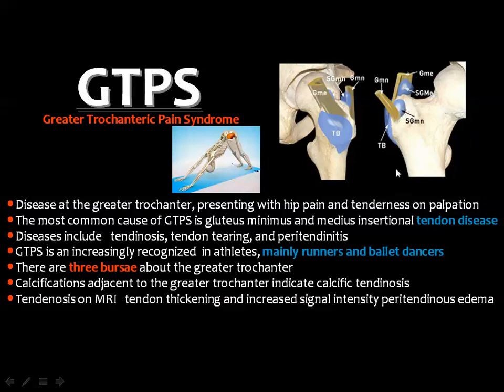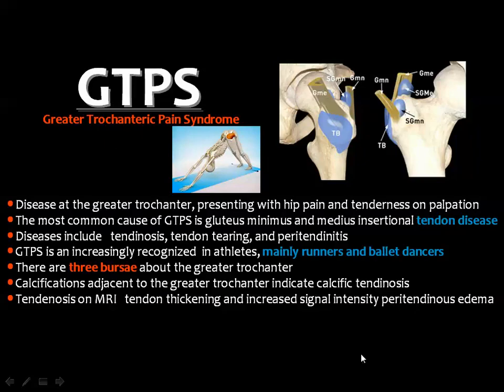And there are three bursae around the greater trochanter, one related to the gluteus medius tendon, another one related to the gluteus minimus tendon, and the third one covering the outer aspect of the greater trochanter. Then any lesion that may affect the bursa or affect the tendons will result in this syndrome, which is known as greater trochanteric pain syndrome.